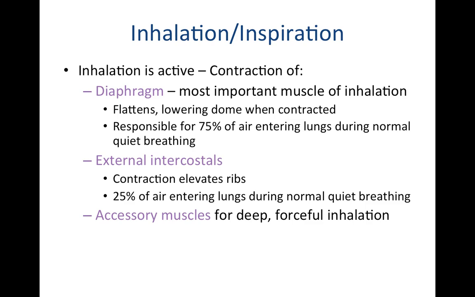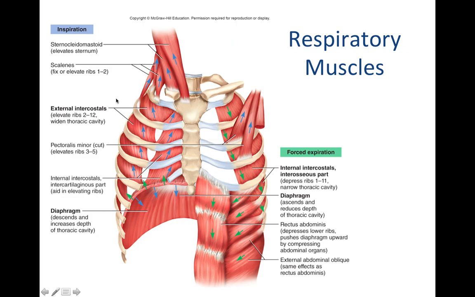If you are performing very deep, forceful inhalations, there are additional accessory muscles that you can use. So for example, you have your sternocleidomastoid muscles, you have scalene muscles right here that can help to elevate some of these upper ribs. And if you are forcefully expiring, you also have additional muscles to use.